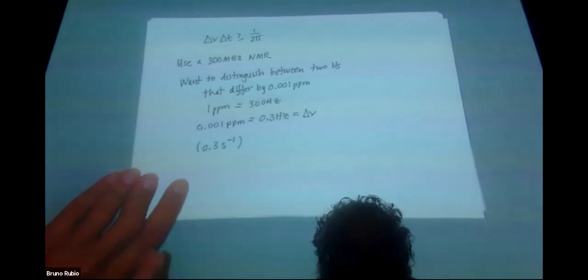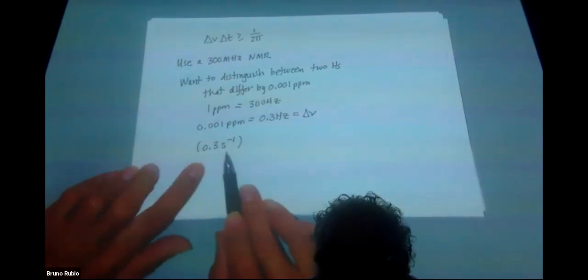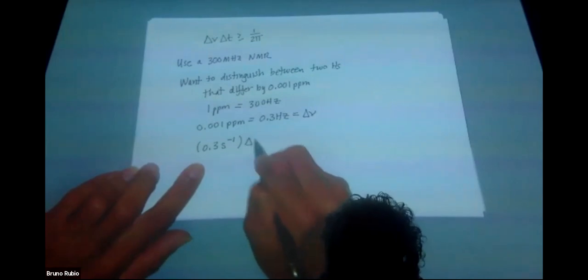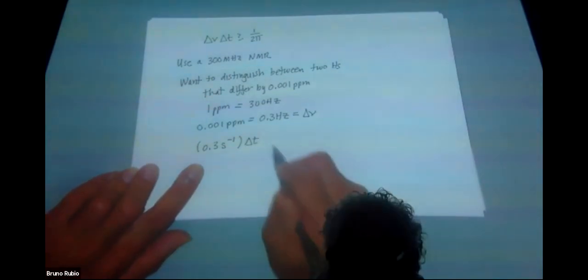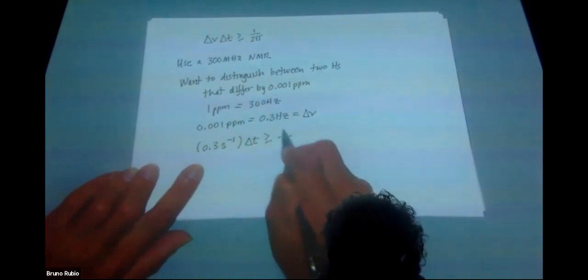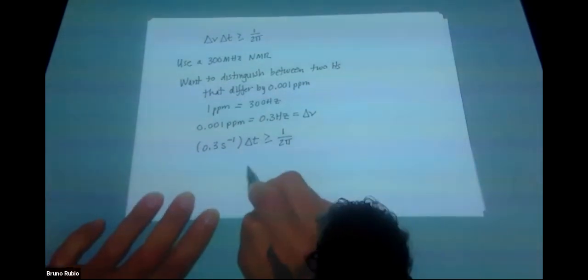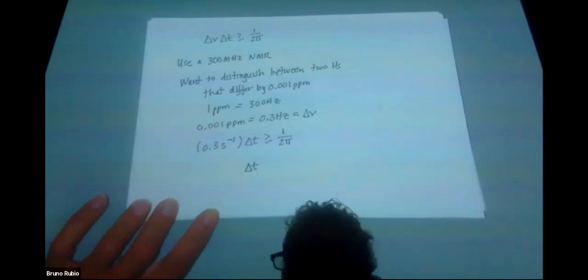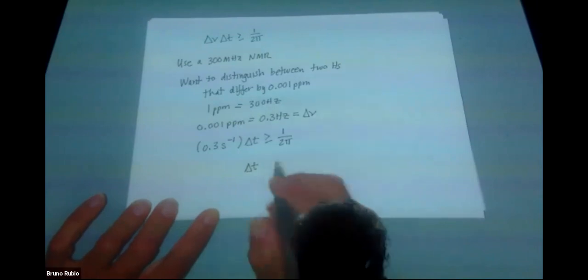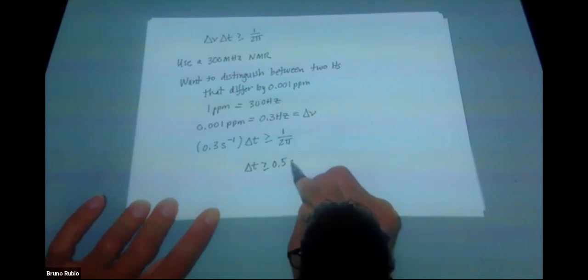Remember that a hertz is a frequency that is per second. So that's delta nu, 0.3 per second, times delta T, that's the lifetime of the state, must be greater than or equal to 1 over 2 pi. And so now when I rearrange this equation and plug in values of 2 pi, what I get is delta T, the lifetime of the state, how long a state must exist, must be greater than or equal to about half a second.